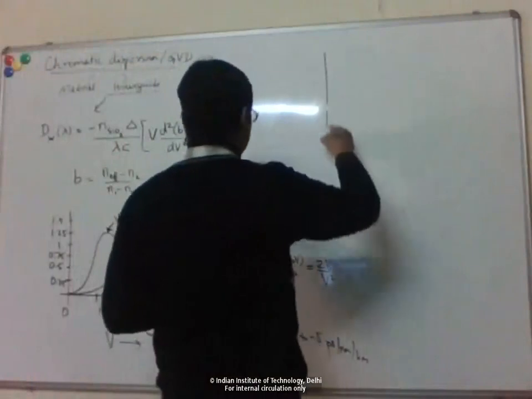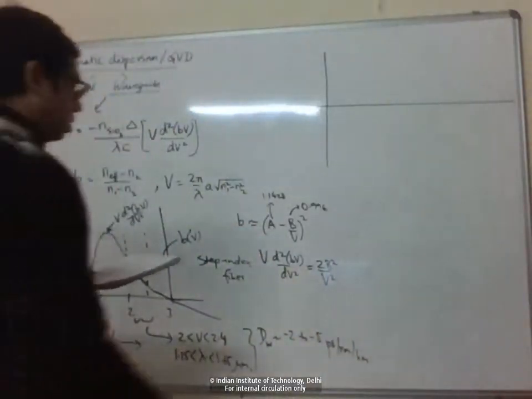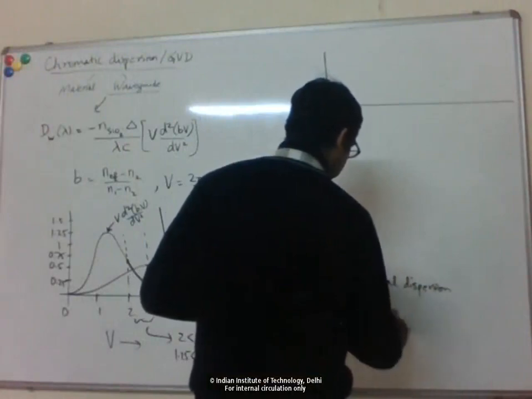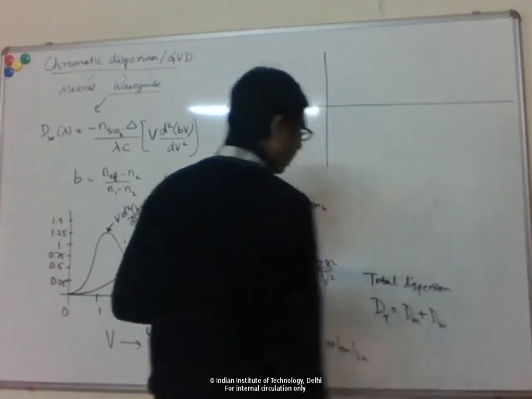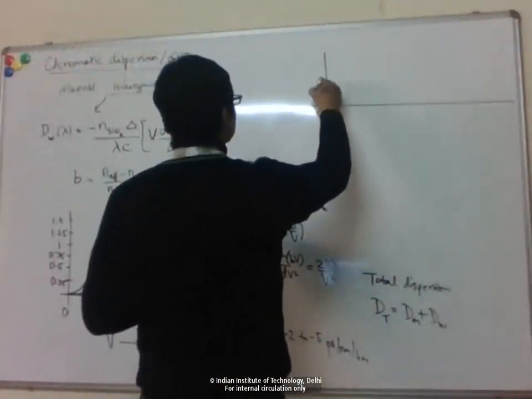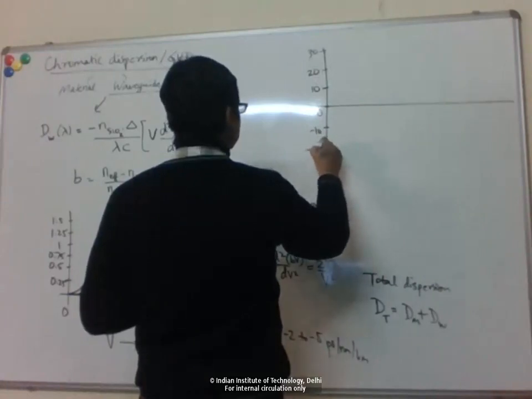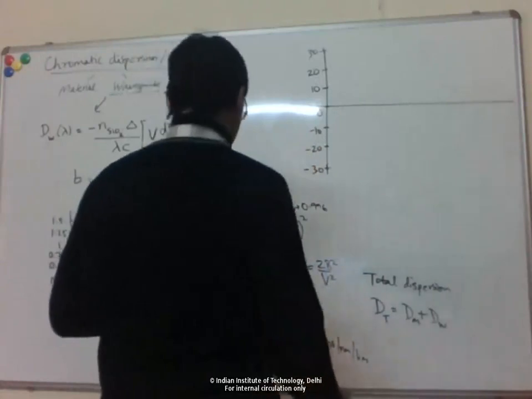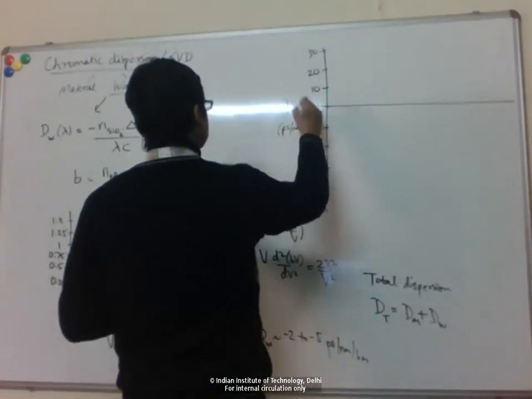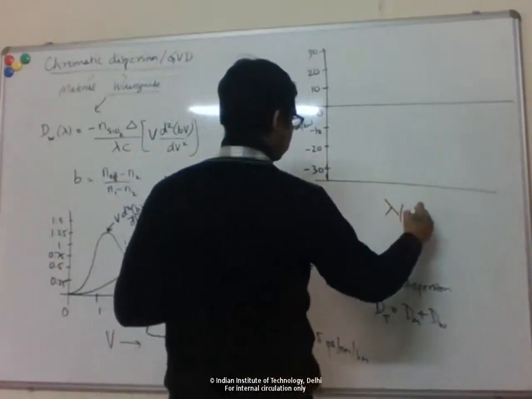So if we plot the total dispersion, which is the sum of the material plus waveguide, D is again in picosecond per nanometer kilometer, and here is wavelength in micron.